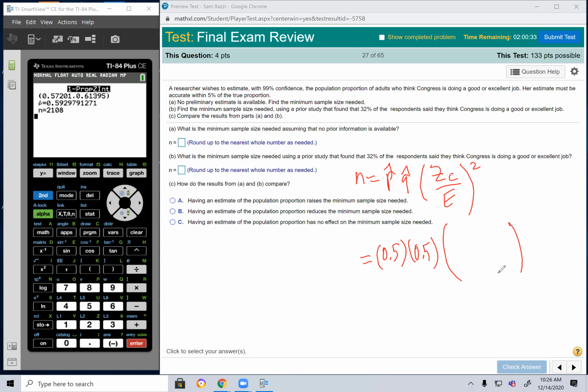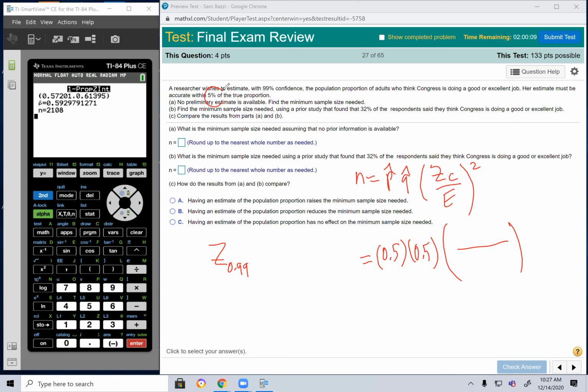Okay. Now we need to find Z. What is the confidence interval? He says 99% confidence. Does anyone know what the Z value by heart is? Okay. No preliminary, find the minimum. Her estimate must be accurate within 5%.